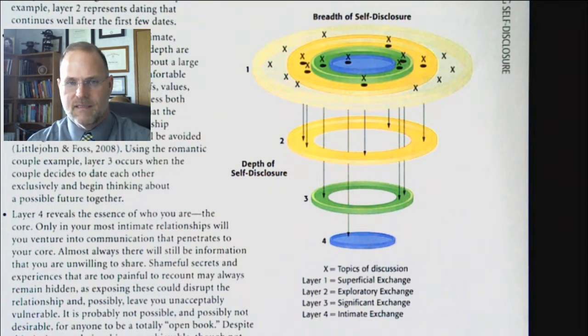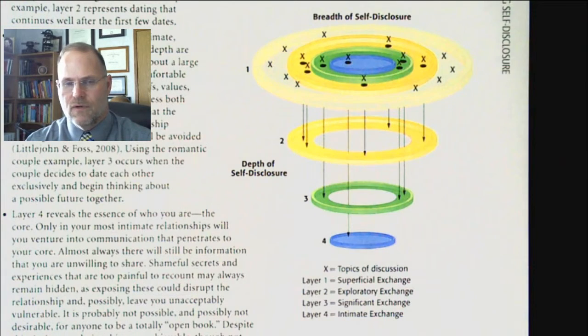Kind of like the idea of still waters run deep. The notion of a wide, shallow current carries as much water as a narrow, deep channel. As you increase your depth of disclosure, you decrease the breadth, and less people are actually getting in there.